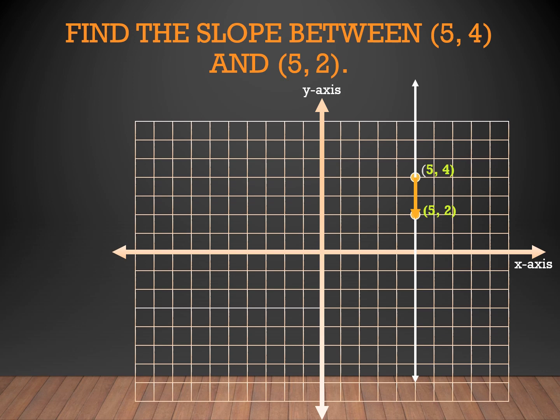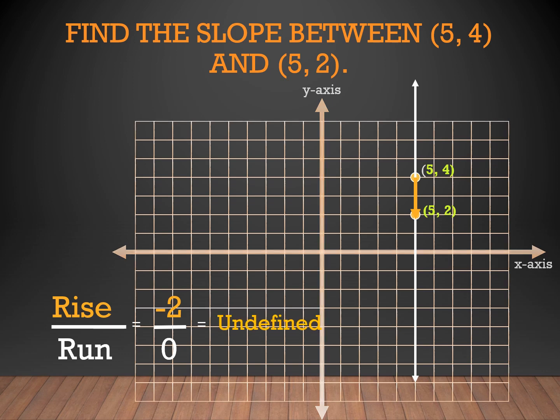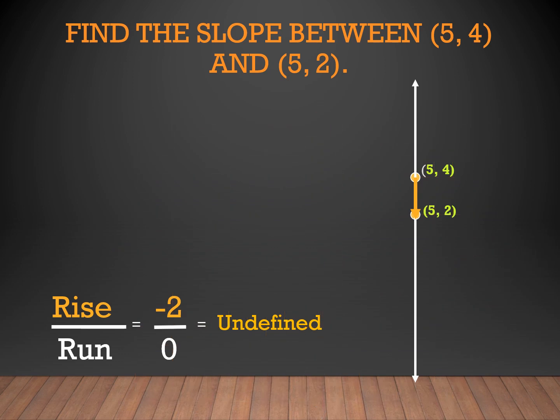And notice any point on that line has an x coordinate of 5. So keep in mind, any vertical line has an undefined slope.